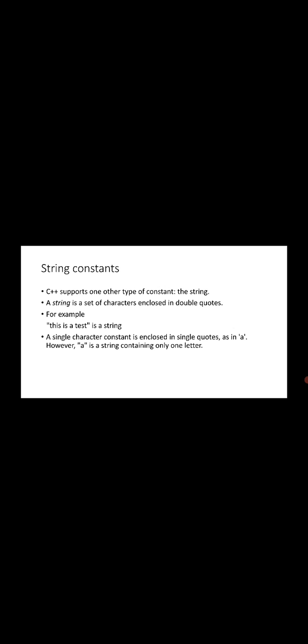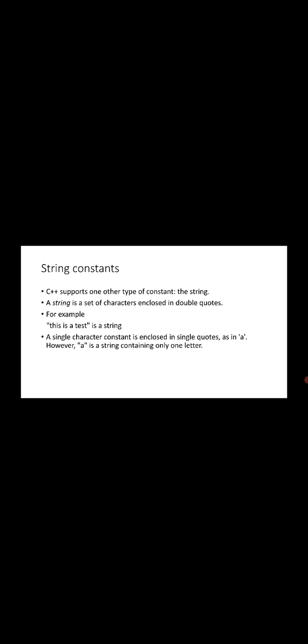String constants. C++ supports one other type of constant, that is the string. A string is a set of characters which can be the combination of any of the characters supported by the C++ language and enclosed in double quotes.